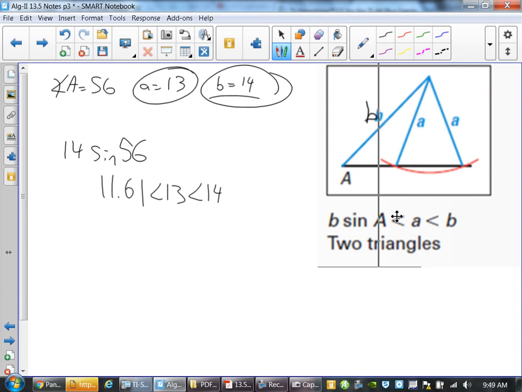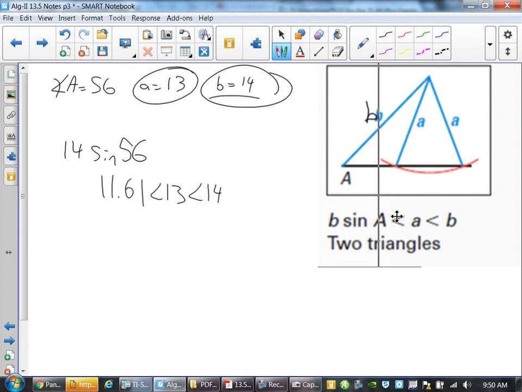Now I've got to create a 56-degree angle off of that, and now this value, I'm just going to extend all the way up. What happens then is that this is 56, this is 14.